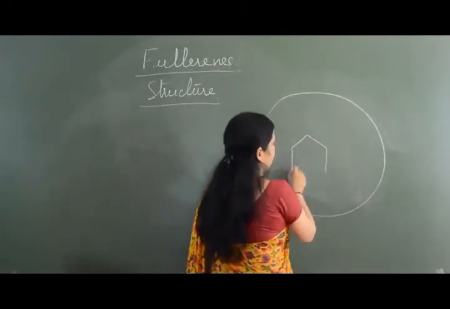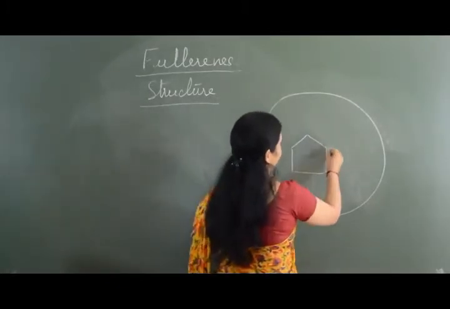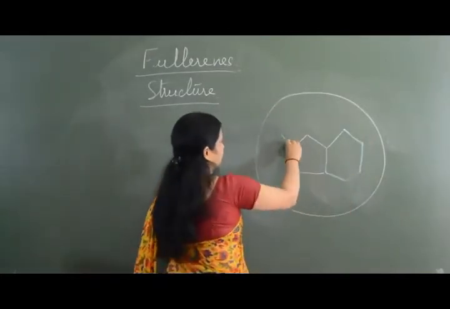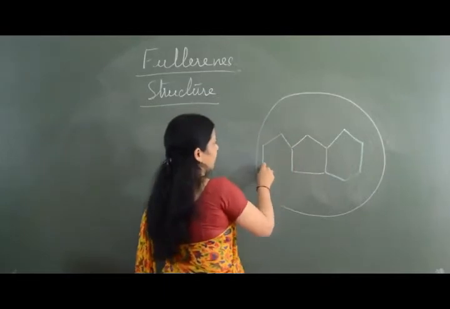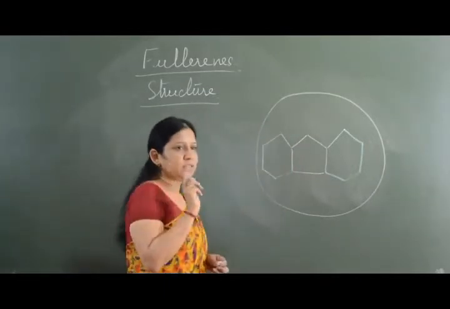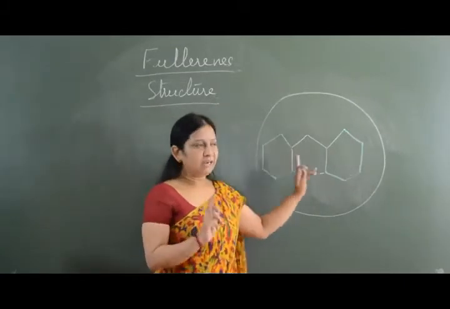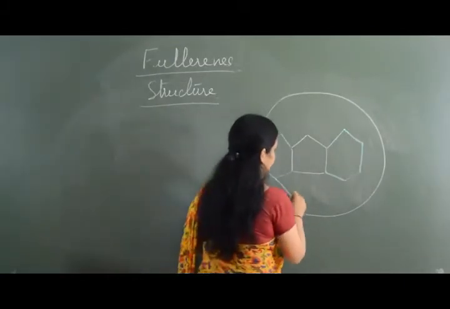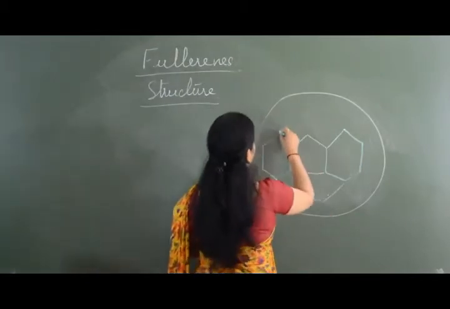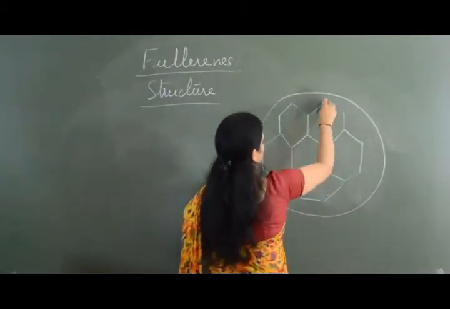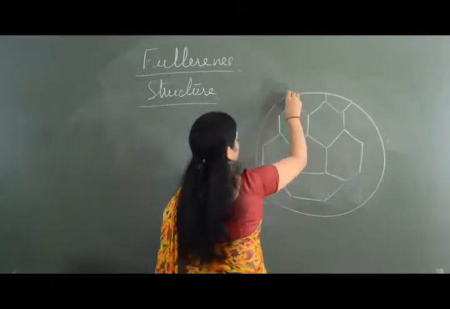We have pentagons and then we have hexagons. As I said, it is an Archimedean solid, and Archimedean solids have two polygons. The polygons which are present are pentagon and hexagon. This is how we are going to make the structure.